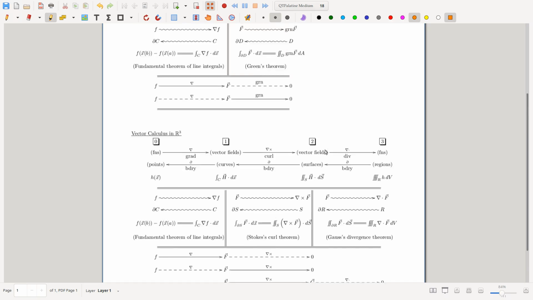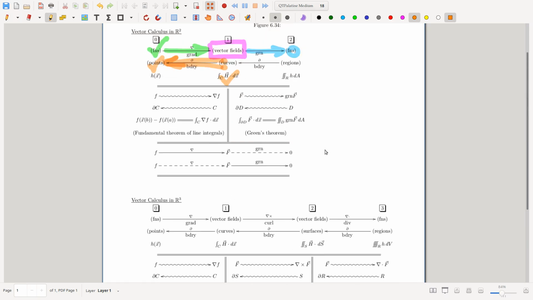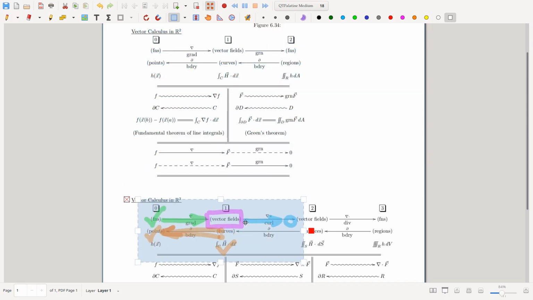We'll talk about that later, but here's the preview. It's just so cool that this works. This pattern of special vector fields in 2 dimensions can be thought of in 3 different ways. Any vector field that has the green property also has the blue property and also has the orange property, and vice versa. It works in 3 dimensions too.